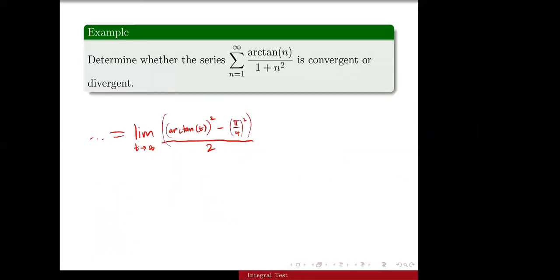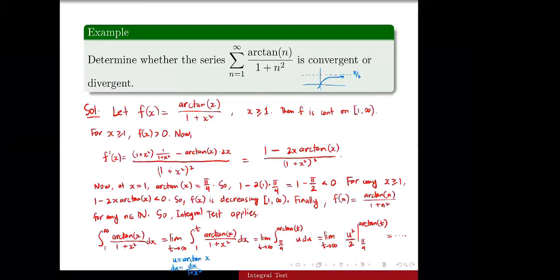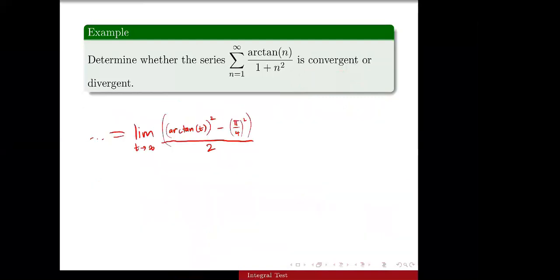And then, like I said, in this drawing here, as t approaches plus infinity, the graph of the arctan approaches pi over 2. Which means this is just pi over 2 quantity squared minus pi over 4 quantity squared, all over 2.